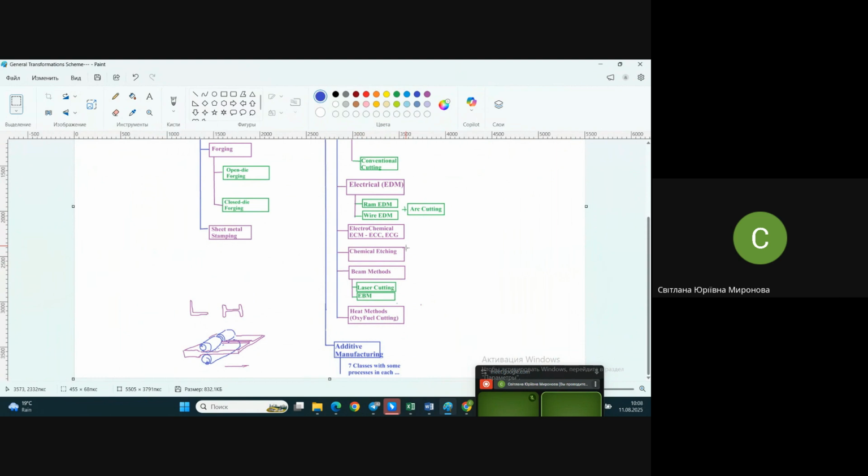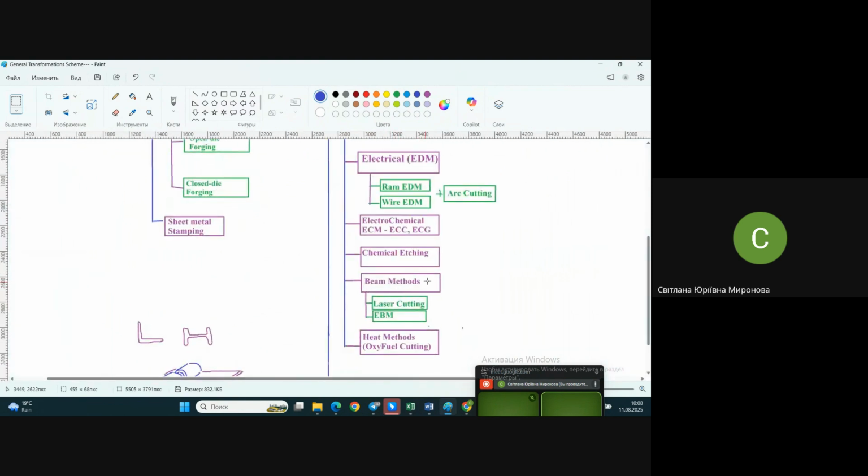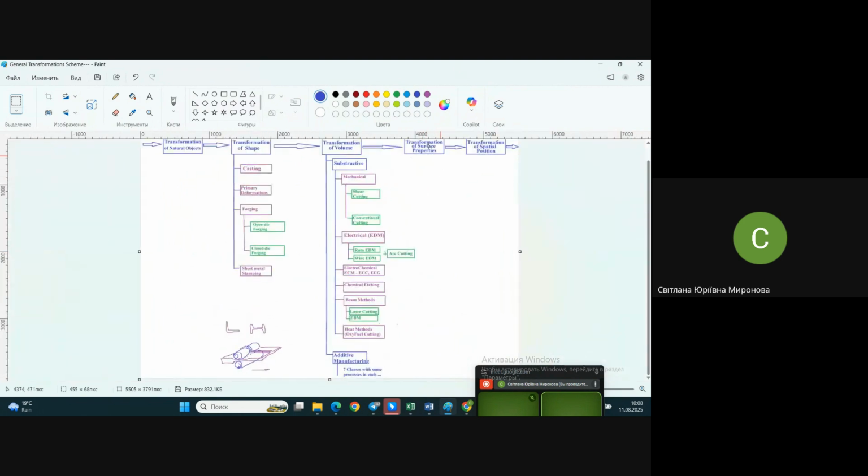Very popular, I trust. Laser cutting and electron beam cutting, or electron beam machining, I wrote here because most of these techniques may be used not only for making cuts, but also for making joints. And some of them may be present in the group transformation of surface properties because they are also used for making coatings.